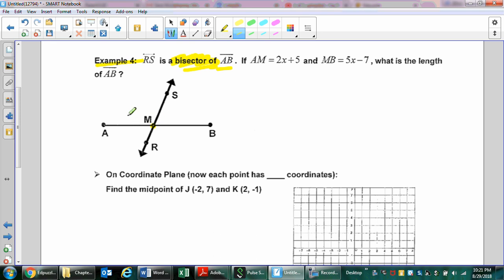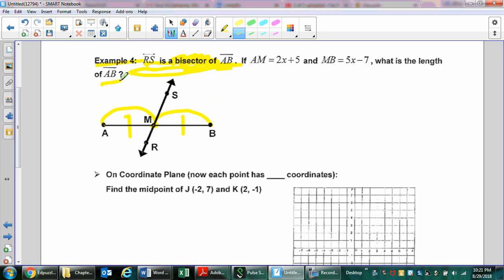That tells me that AM is going to be congruent to MB. That automatically, just by reading the statement, knowing RS bisects AB, I know AM, the distance from A to M, is going to be the same as between M and B.